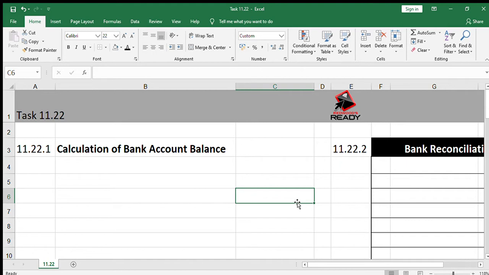The last line, which says balance as per bank account, that's actually the starting point of our bank account balance calculation. Or if we were doing a ledger account, we would put it as the balance brought down in our ledger account. So the balance as per bank account is 21,500 in the credit column, which means it's an unfavorable balance.